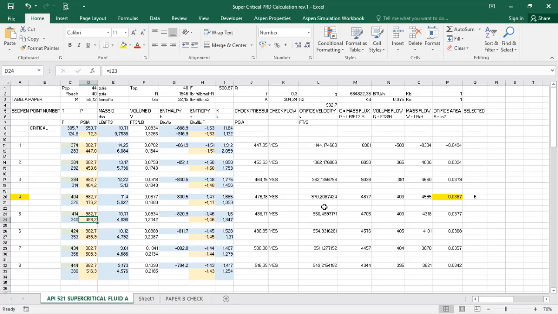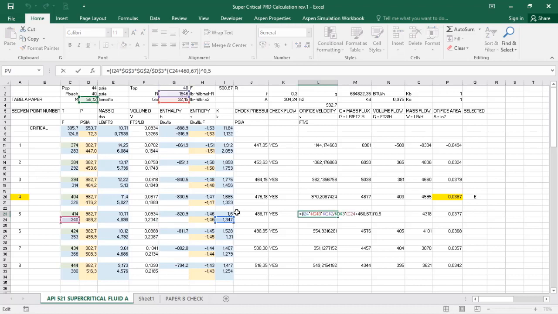Because for the orifice velocity calculation, I need to use the choked conditions as input. With the new CP/CV, you need the temperature, and this temperature must be absolute temperature, the molar weight of your fluid, the constant of gases, and also the constant of gravity.